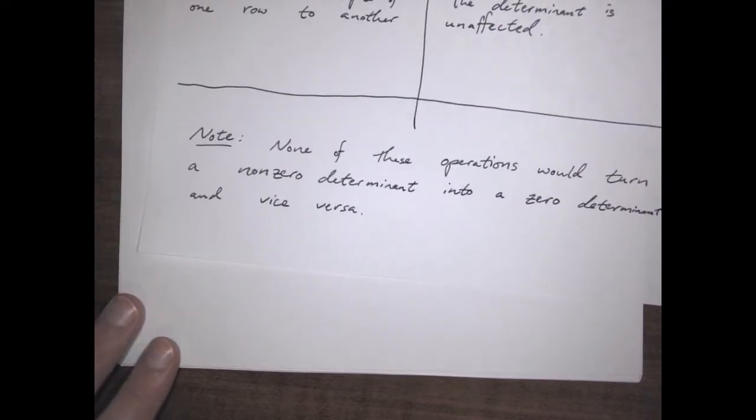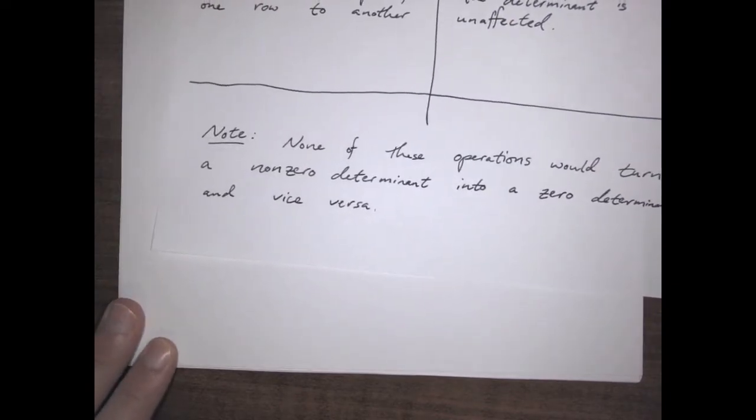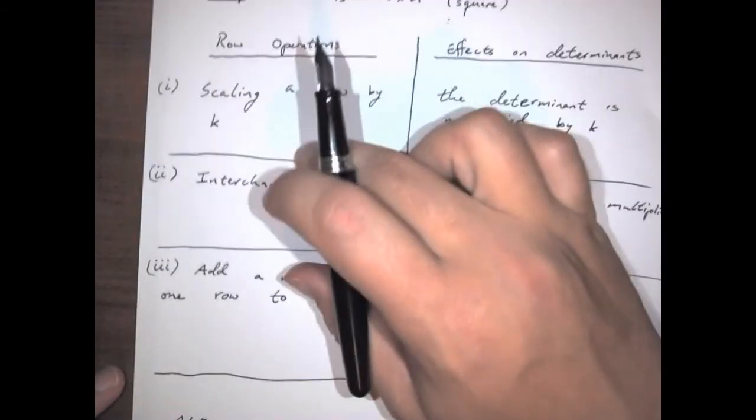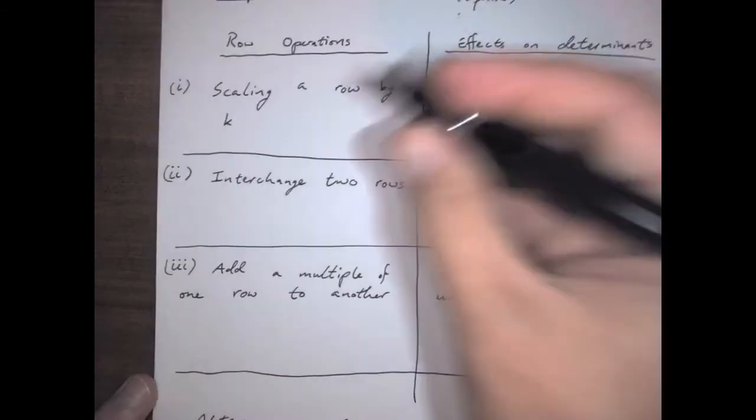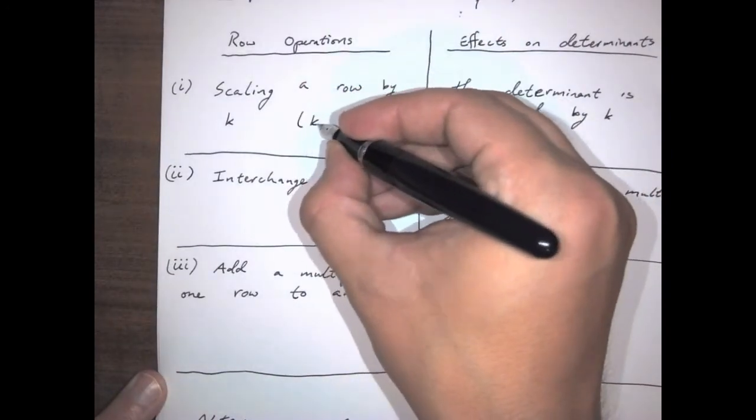So if the determinant was not already zero, legitimate row operations will not cause it to be. And for that, I should point out, of course, scaling is always by a non-zero factor.